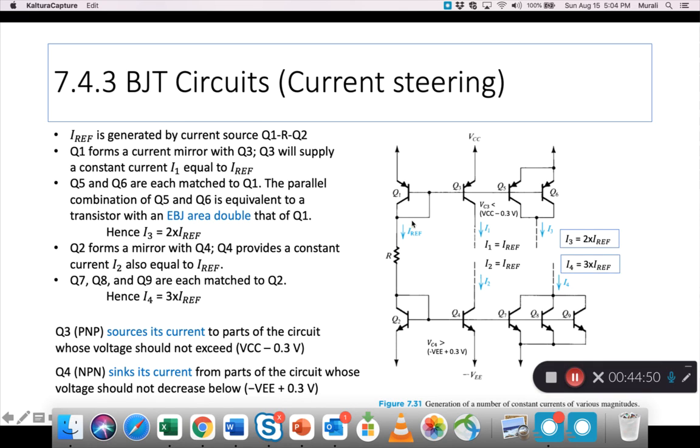So we have one given current I reference, then we are creating I2, then there's I3, I4, right? Some of these are available for usage outside, some are internal, but how this current steering works, I will come back and explain to you in my next recording, and then we'll also do some problems. Okay?